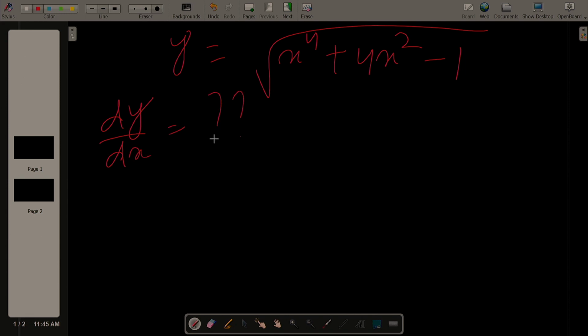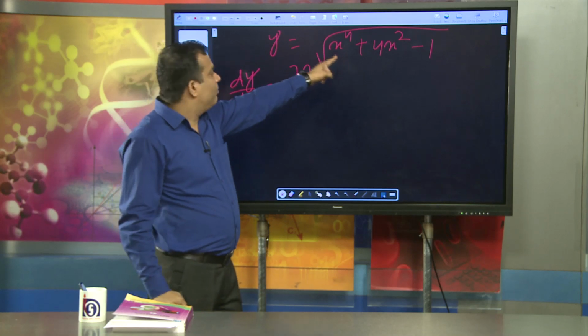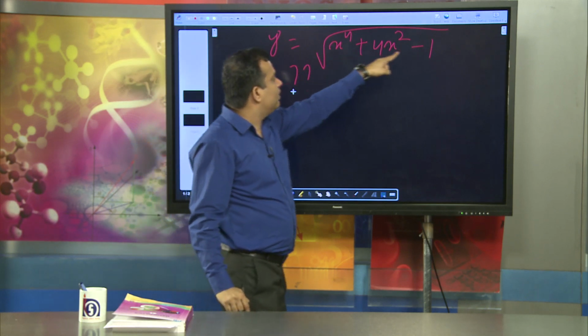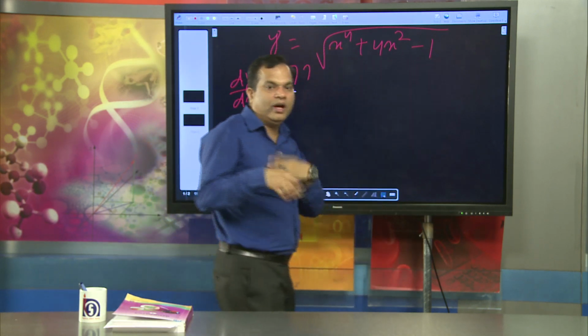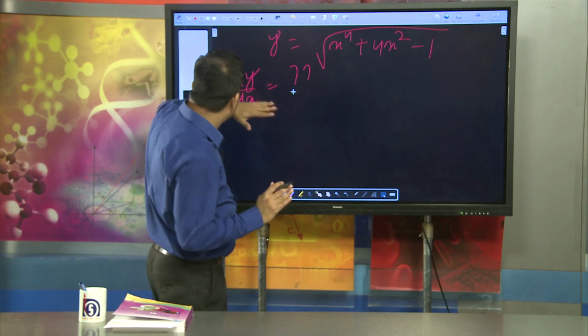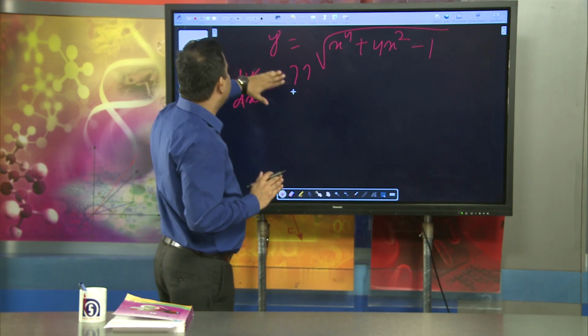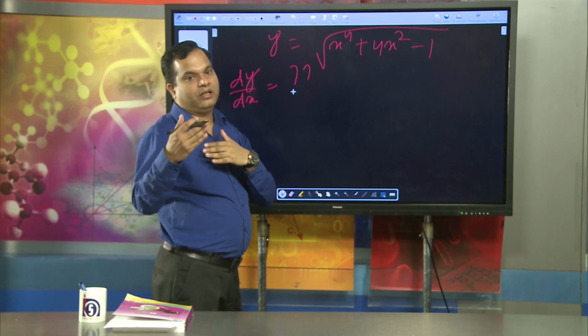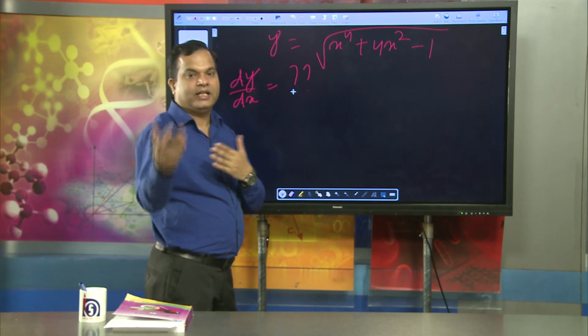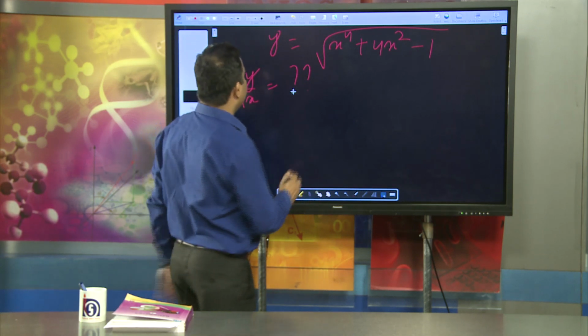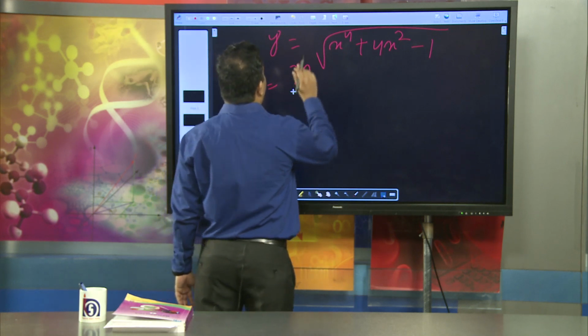It is quite difficult using the formulas of addition and subtraction, so you have to apply the chain rule. The technique is to convert y in terms of t and t in terms of x. What will you do here?